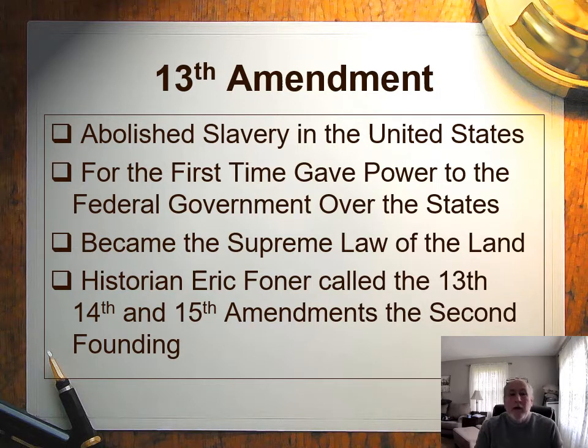Historian Eric Foner called the 13th, 14th, and 15th Amendments, the Reconstruction Amendments, which we're going to talk about in this unit, the second founding. Although his argument was very convincing in his book, you can think about it however you would like, as the journey of our country living up to its ideals.